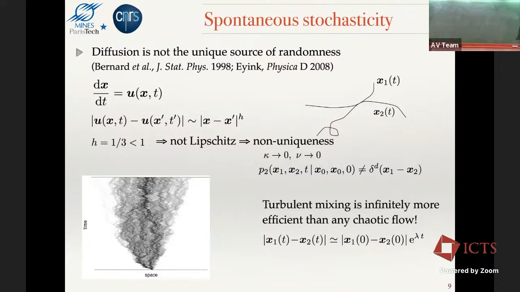So this is noise diffusion to 0, and this is like the regularization of the small scales of your flow. You make the two go to 0, and then what you get is that the probability of having two different positions, knowing that you started from the same, is different from having these two final positions equal. No, if you make diffusion to 0, no. Yeah, because u is random.